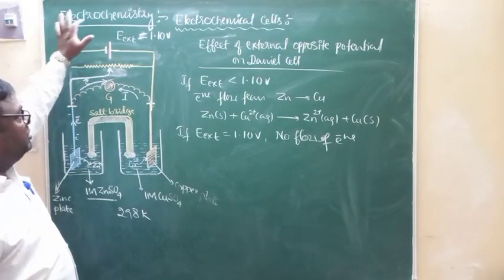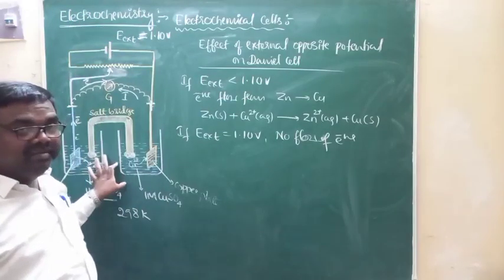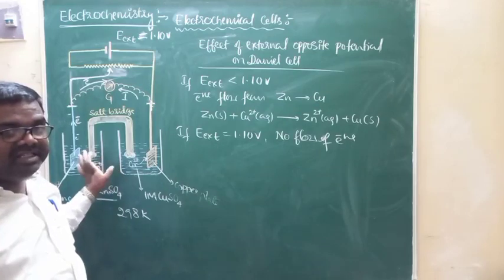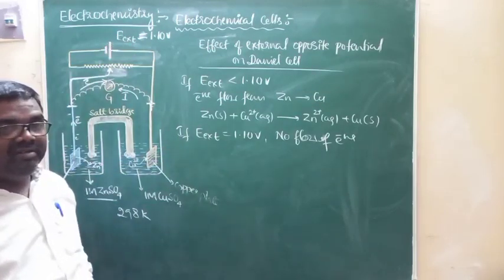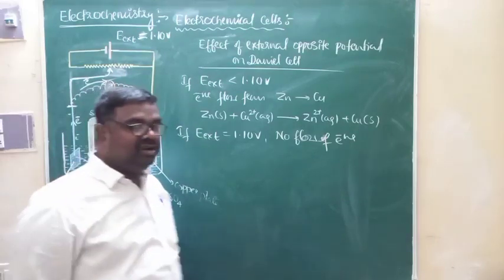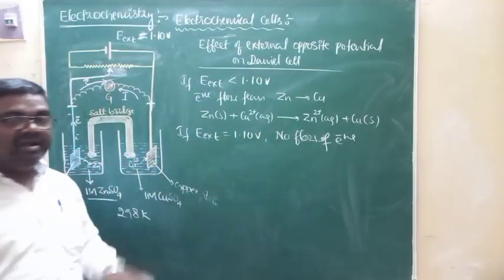The magnitude of the external opposite potential is equal to the magnitude of the potential difference developed in the standard Daniell cell. Both are equal and opposite. That's why there is no flow of electrons in the external circuit and no conversion of chemical energy to electrical energy. So that is what we call no chemical reaction at all.